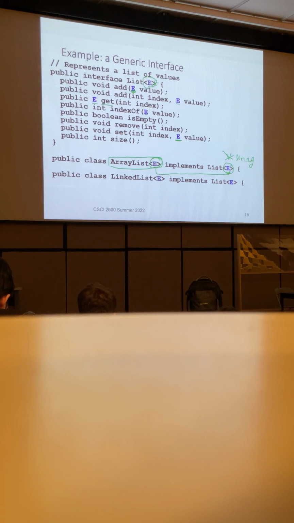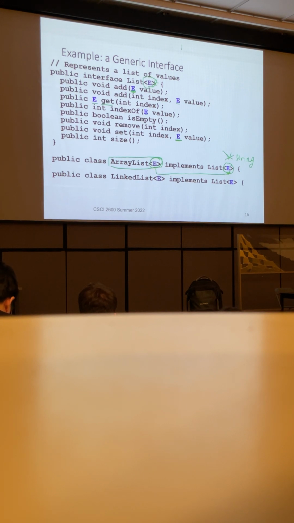No, because here you're just saying, well, I've got to have type parameter E, right? So if you want two of them, you want them to be different. If you want them to be exactly the same, just use E and that's it.